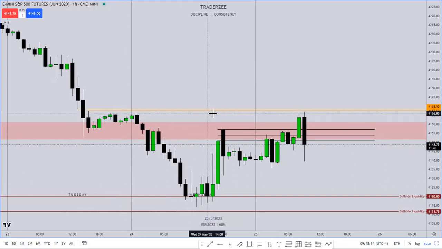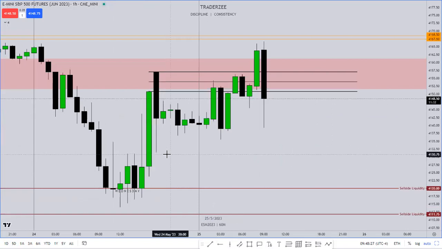So if price wants to take out the liquidity, it should do it targeting two birds with one stone, taking out liquidity and filling an inefficiency here. That's why.